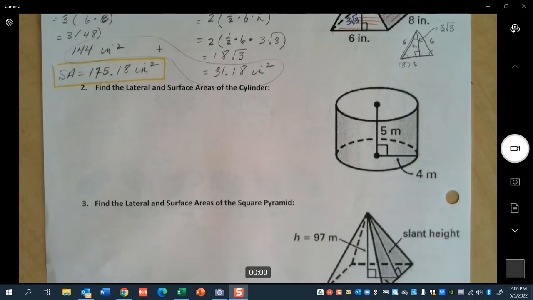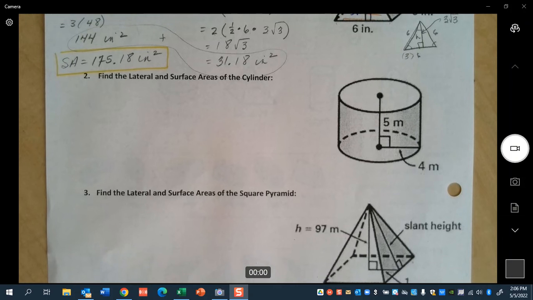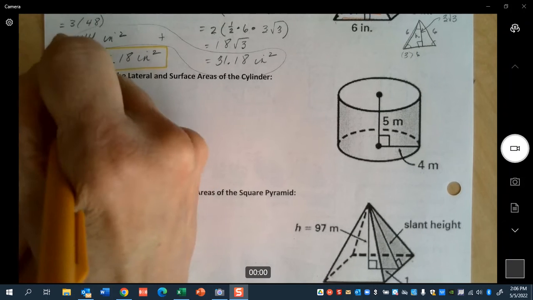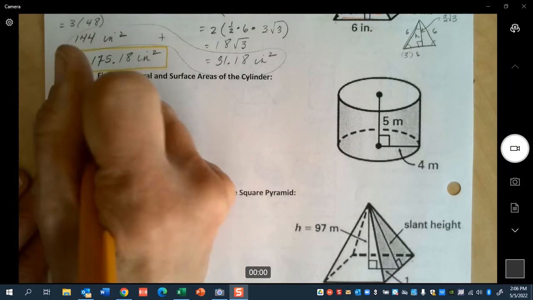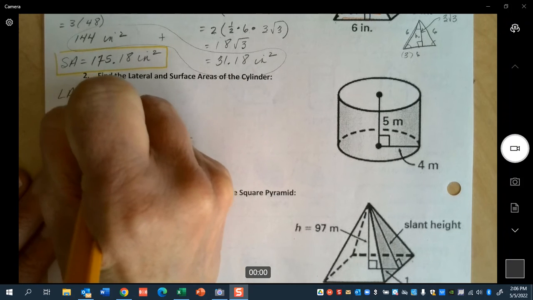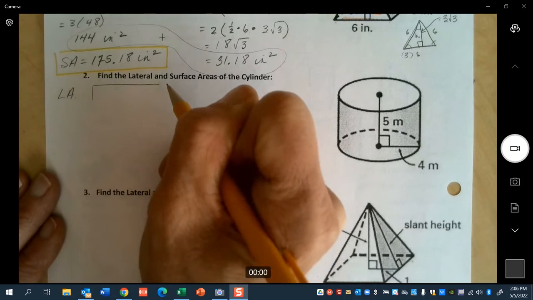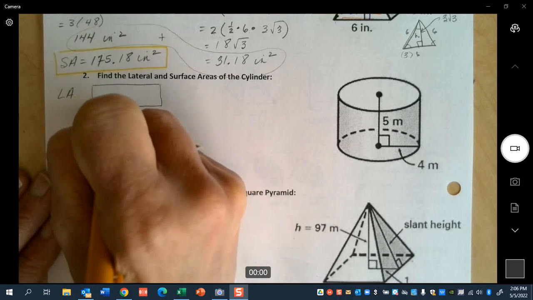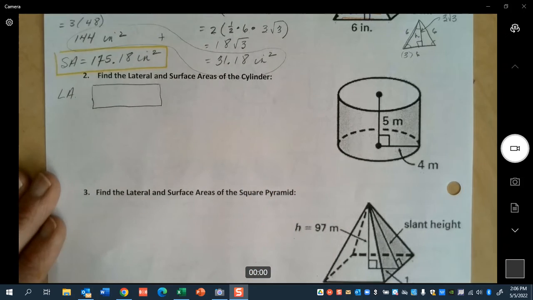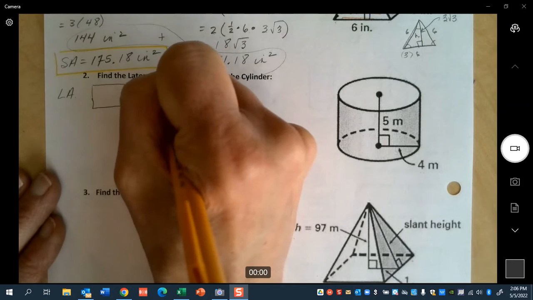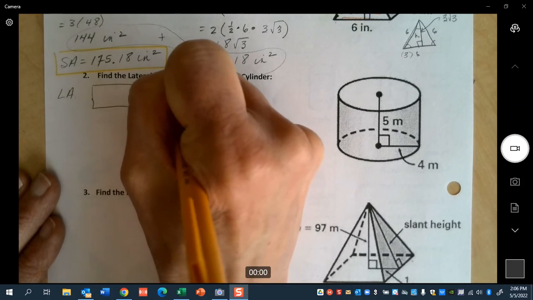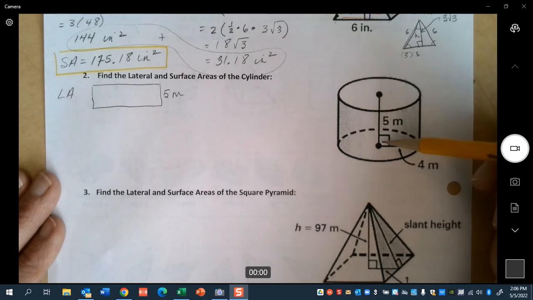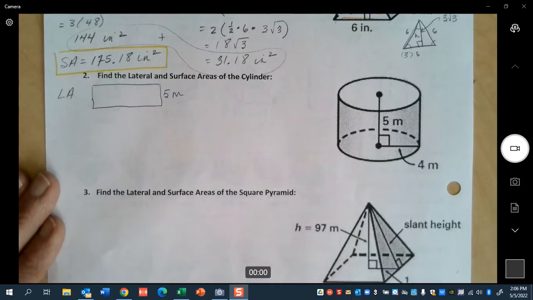All right, let's do the same thing for our cylinder. When we look at our cylinder, our lateral area is going to be, again, think about that Quaker Oats. Who has the Quaker Oats? Go ahead, open it up. It's that big rectangle. And if we look how that works here, that height here is my 5 meters, because here's my height of my cylinder there.